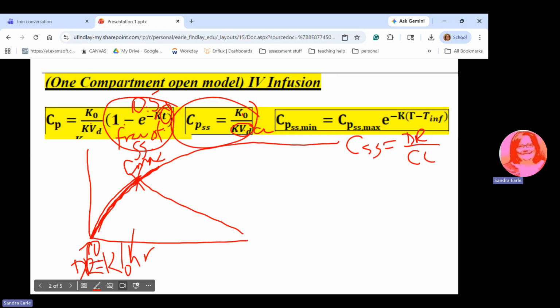It probably won't be half at 1 hour, but it just depends on what your K is. So this tells you the fraction of steady state at time t along this line, okay? So if we put the time of infusion in there and multiply this, the fraction of steady state at the end of the infusion, times your eventual steady state, that gives you Cmax, doesn't it?